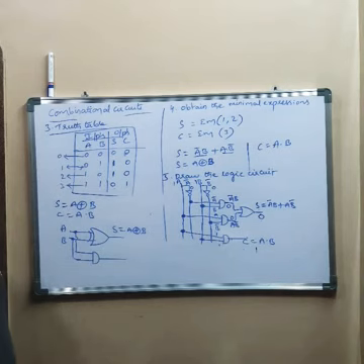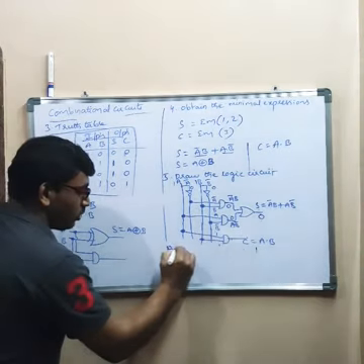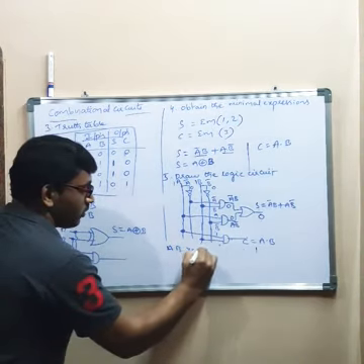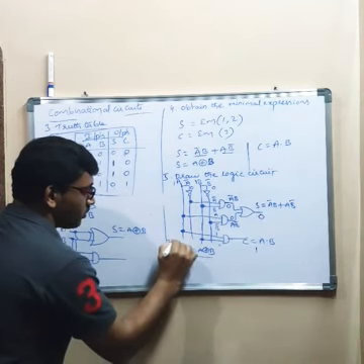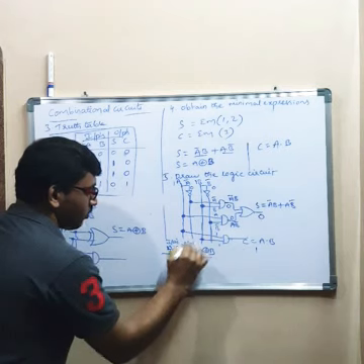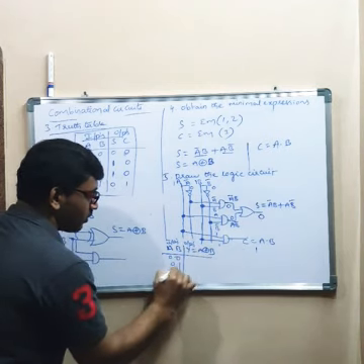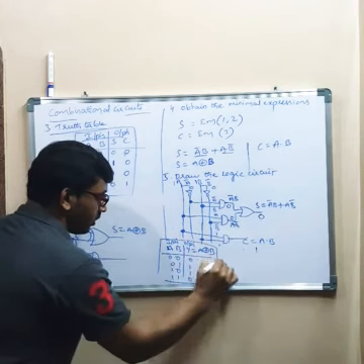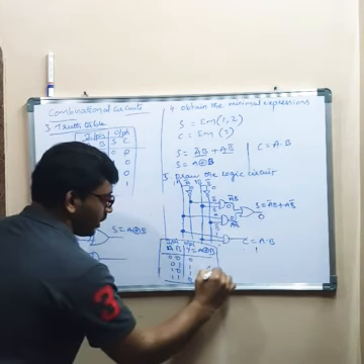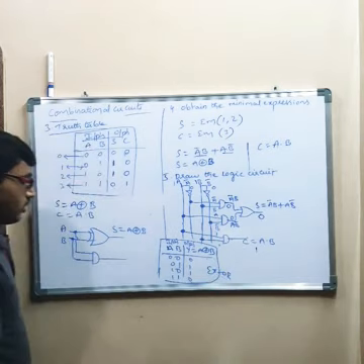As you know, the truth table of XOR gate, it has two inputs. Y is equal to A XOR B. This is the truth table. Inputs, outputs 0, 0, 0, 1, 1, 0, 1, 1, 0, 1, 1, 0. So this is the truth table of XOR gate, right?